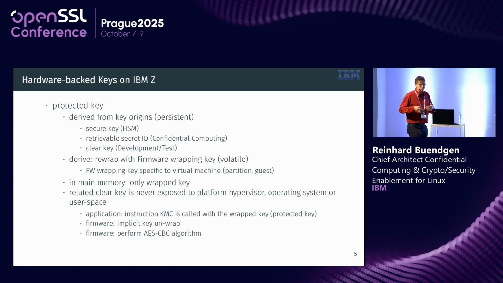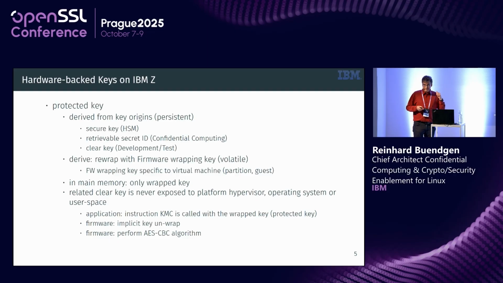But from then on, the protected key is not in memory. Although the plain text value of the protected key is not in memory, it's only in the wrapped form. The clear key will only be inside hidden memory that only trusted firmware has access to, and the wrapping key itself, of course, is not accessible to anything outside that hidden firmware.